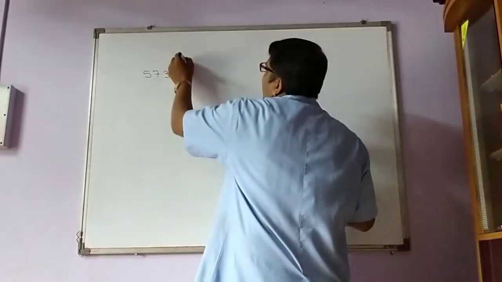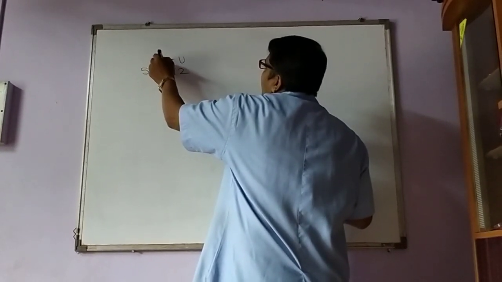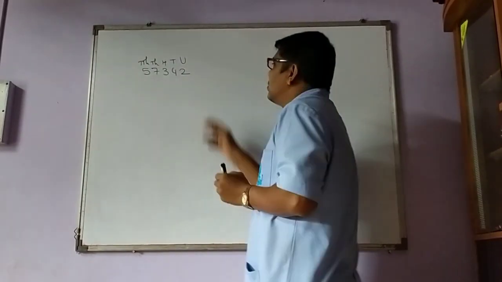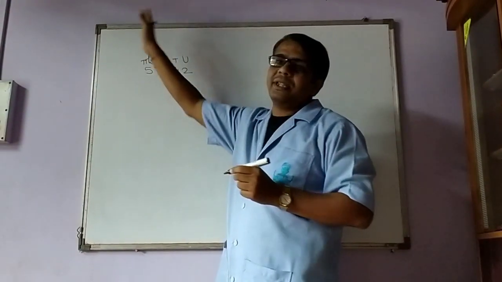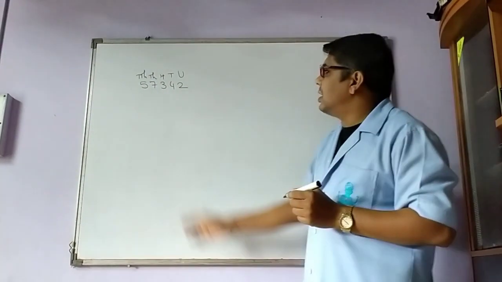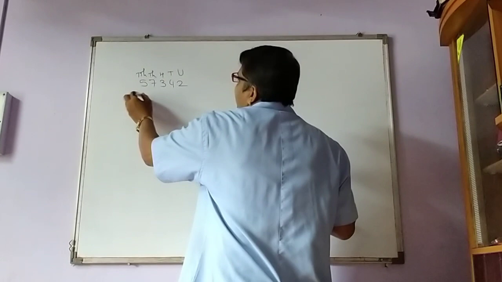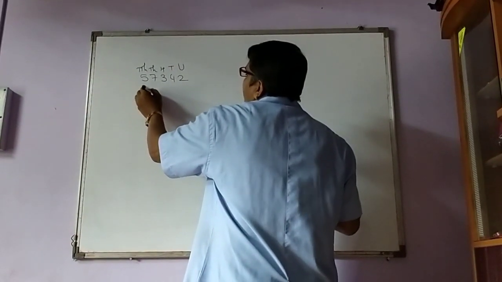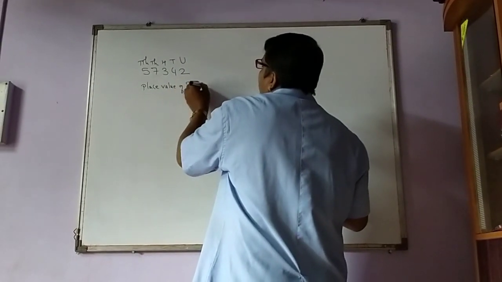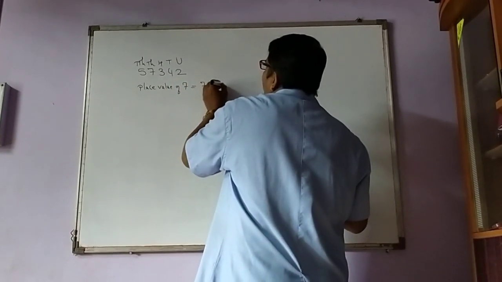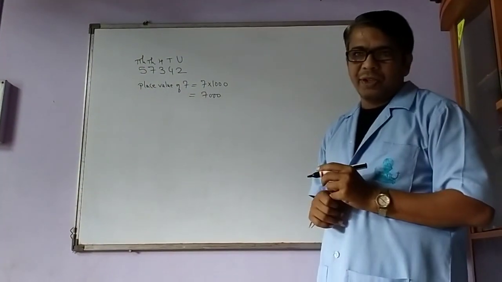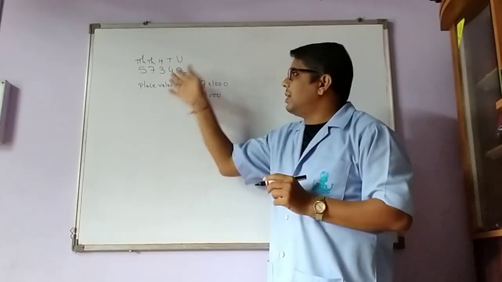First we find out in which place it is placed: unit, tens, 100, 1,000, 10,000, lakhs, 10 lakhs, crores, 10 crores, and so on. So here 7 is in the thousands place. So the place value of 7 is 7 into 1,000, that is 7,000. In this way we find out the place value.